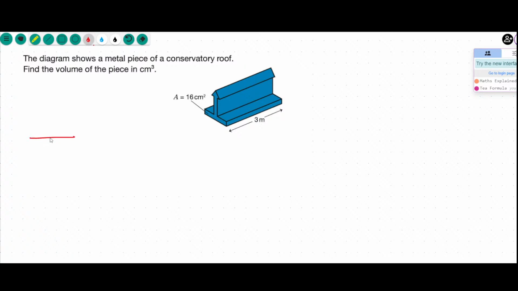It looks like an arrowhead. But if you break it down, that's basically a triangle, a rectangle and another triangle. Thankfully it gives us the area of this entire cross section. So if I shade it in, we have the area of this cross section.